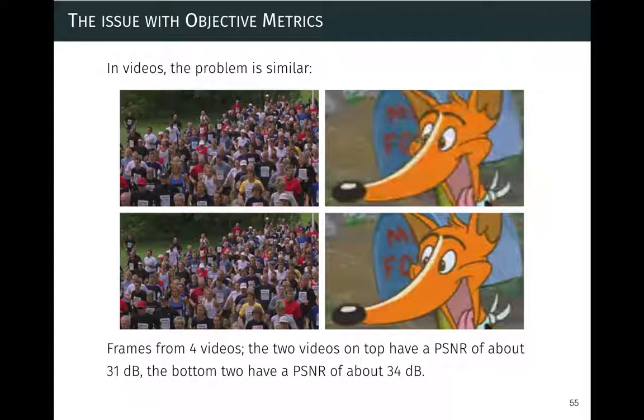It's actually worse than the one on the bottom, which is 34. But for instance, for the crowd picture on the left, it's not obvious that one is worse than the other, whereas on the cartoon picture, it's much more obvious. So the same problem applies, but you would have a number of different issues with temporal aspects and so on.